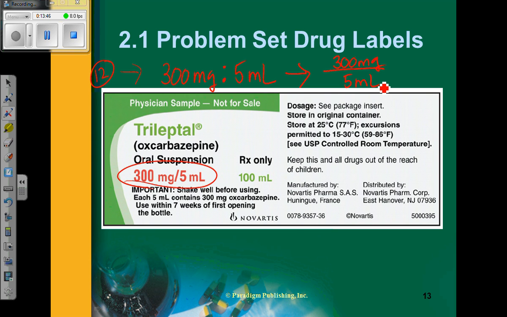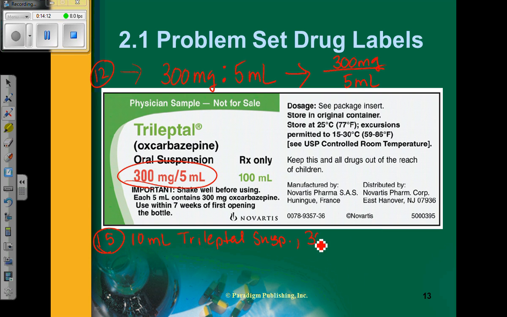Now, with this same label, if you look at question number 15, it says you have, and I'll write it out here, 10 milliliters of your Triliptyl suspension. I'm going to abbreviate that SUSP.